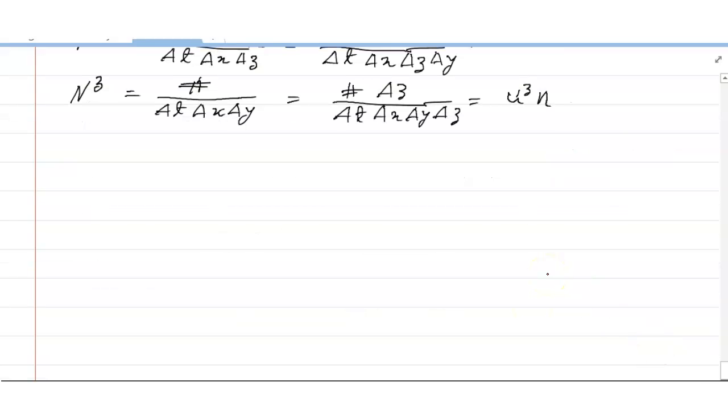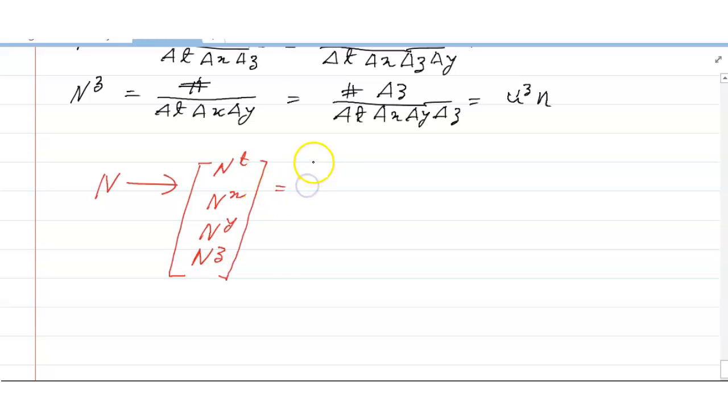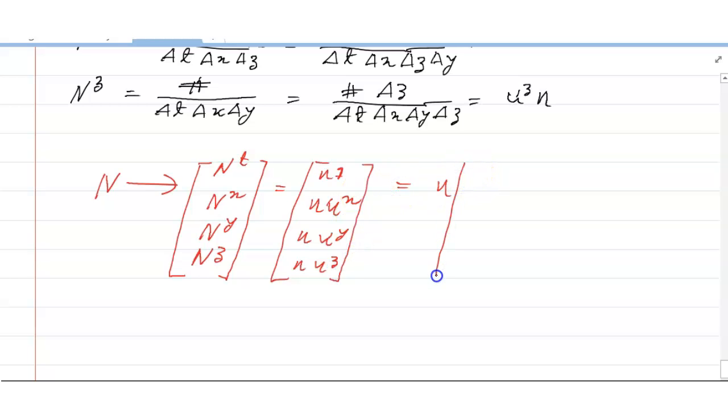We can rewrite the components of the number flux 4-vector in terms of the rest number density: N tends to nt, nx, ny, nz equals n times 1, n times ux, n times uy, n times uz, which can be written as n times (1, ux, uy, uz).